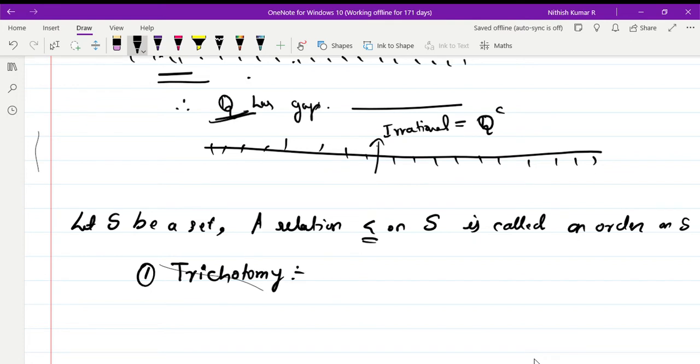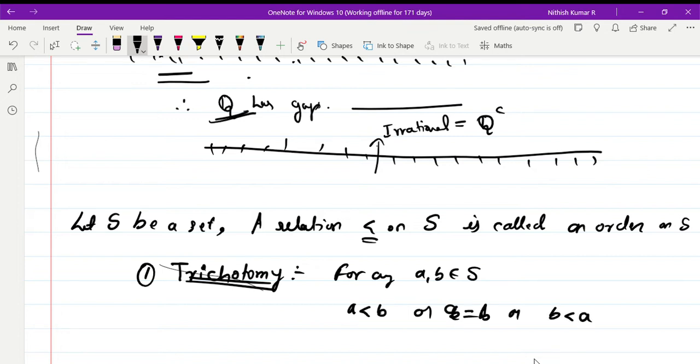This condition says for any a, b belongs to S, either a is less than b, or a is equal to b, or b is less than a. For any a, b belongs to S, either a less than b, or a equal to b, or b less than a, and we call this condition trichotomy.